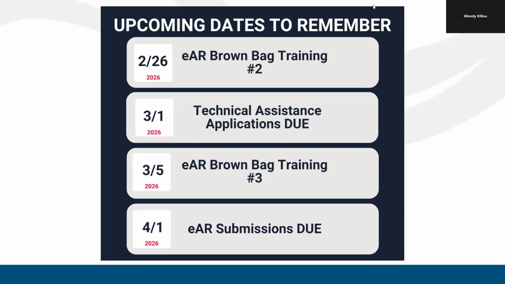In that training we'll also have several subject matter experts related to specific sections for the eAR. And our last reminder is April 1st, when your eAR is due to the division to be submitted. So please try to get them submitted on time.